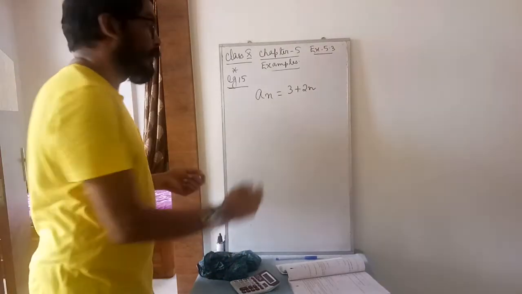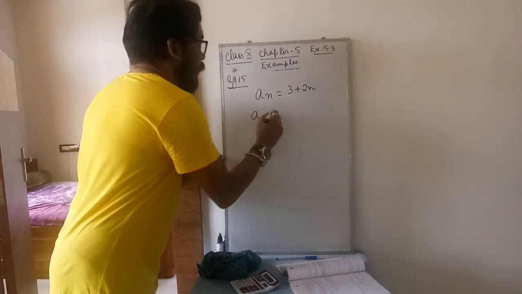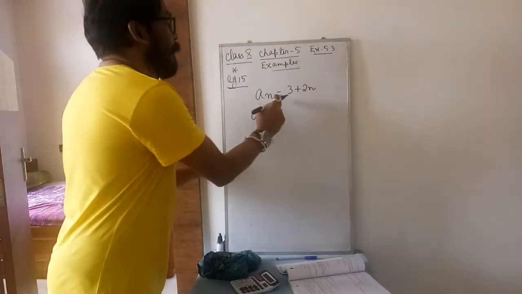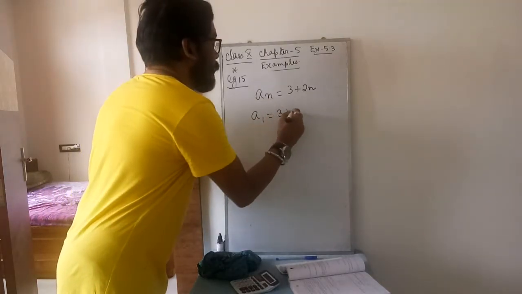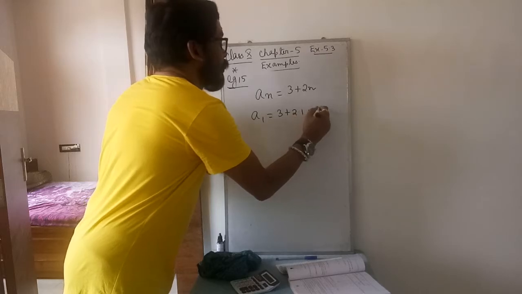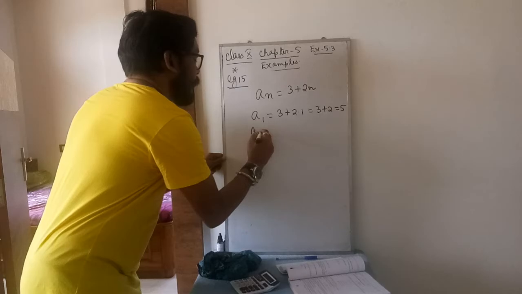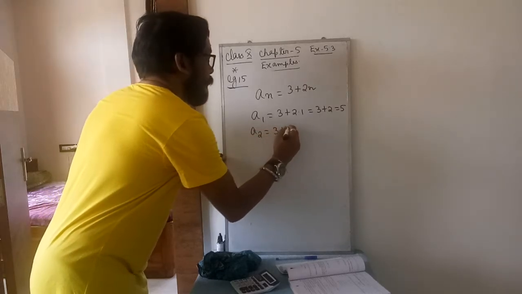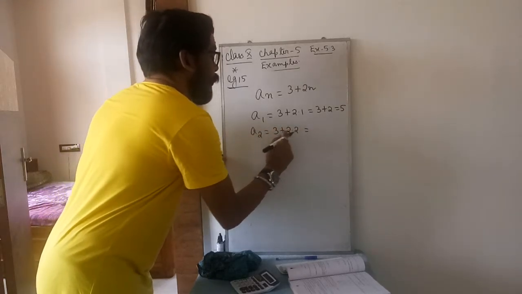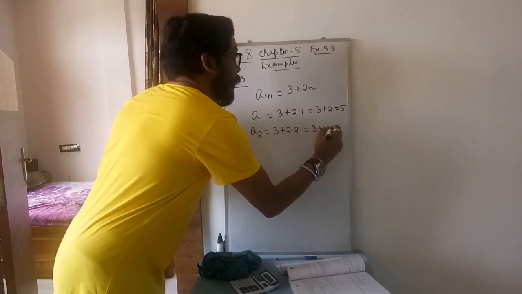First term is a1. So a1, how will you find it? You will put 1 in place of n. So 3 plus 2 into 1, so it is 3 plus 2, that means equal to 5. Then you get the second term by putting 2 in place of n, so it is 3 plus 4, it is 7.